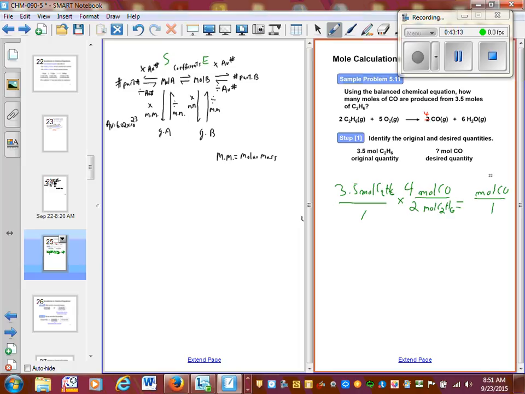So if I start with 3.5 moles of ethane, I end up with 7 moles of carbon monoxide. Yes? No? Okay. Unfortunately, I can't bring that other one back in, but there's the answer.